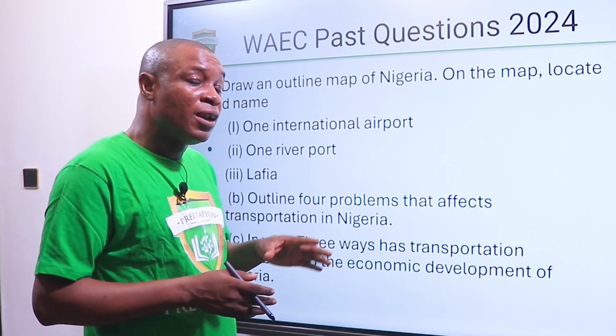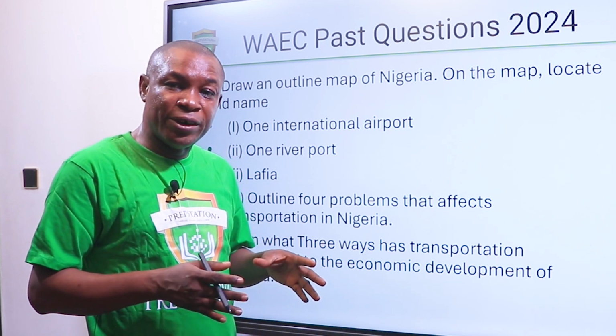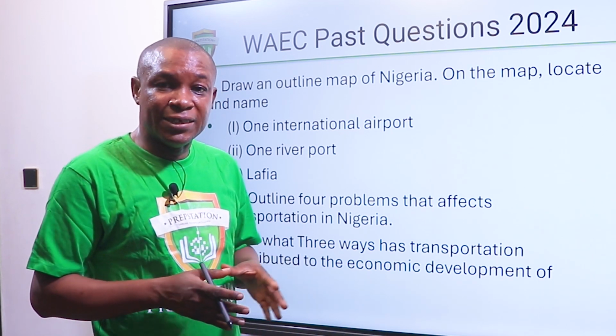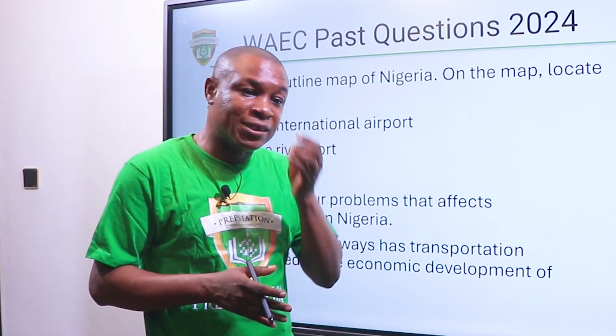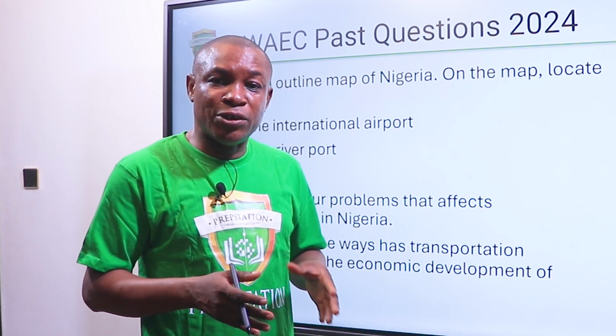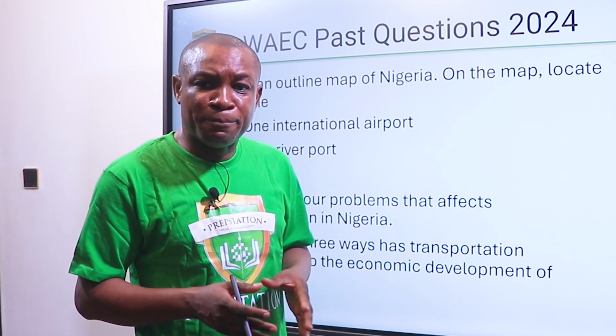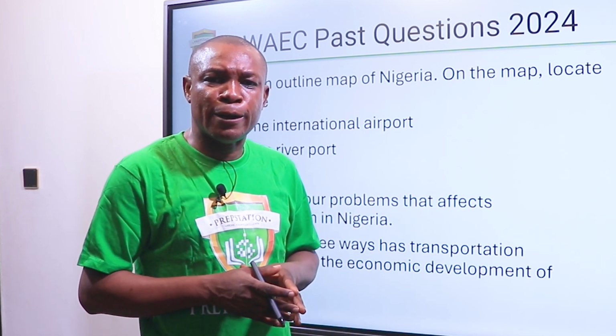International airports. Remember, we have two categories of airports in Nigeria: the domestic airports and the international airports. International airports are those designed to cater for international flights, where flights in or outside the country can take off or land. So we have 5 of such airports.